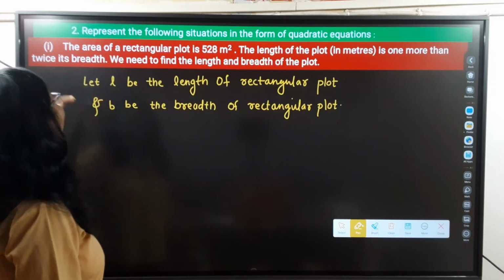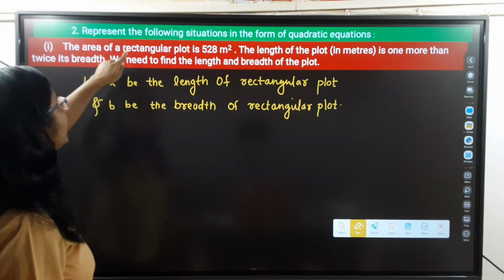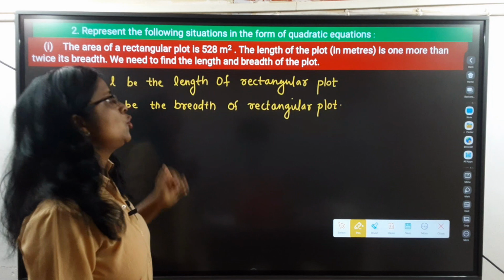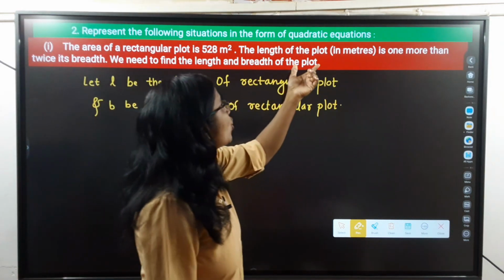So here, as per the condition, the area of a rectangular plot is 525 meters square. But there is also a condition on the length of the plot.